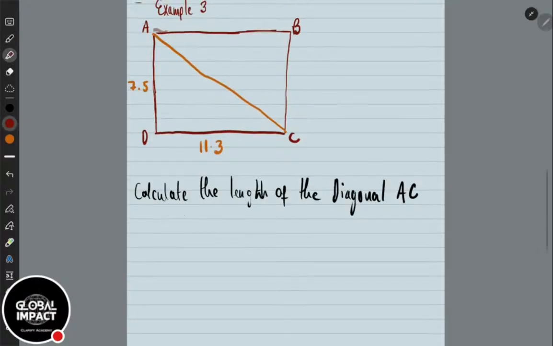Which one is AC? It's this one, from A to C.